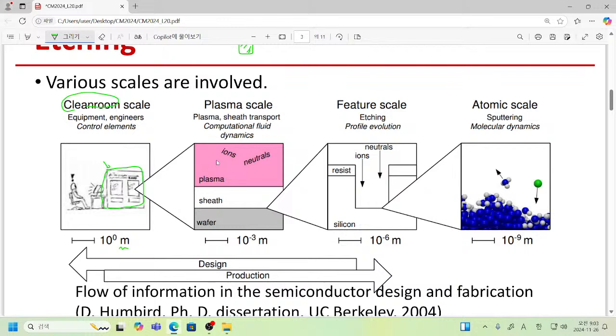However, how can we actually etch a certain wafer? Although we have a thin wafer here, in order to make a certain etched pattern, we need some physical object to make an actual etching process. For example, if we consider plasma etching, then we need plasma. The physical size of plasma is not like this one.